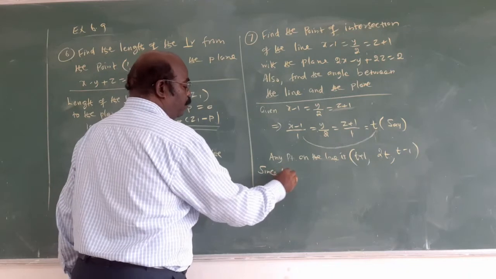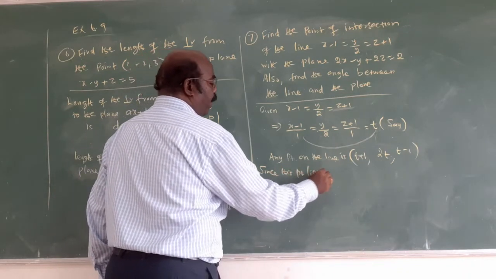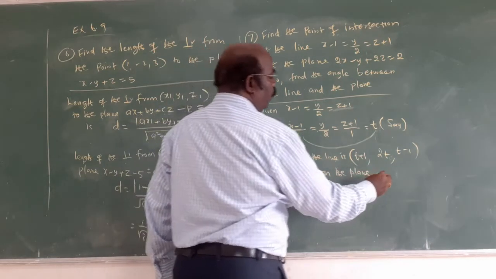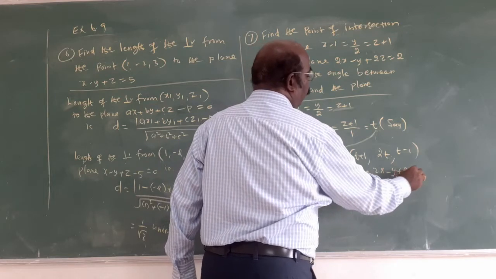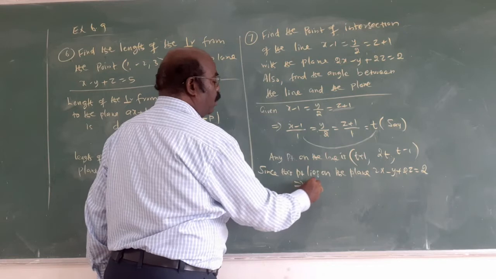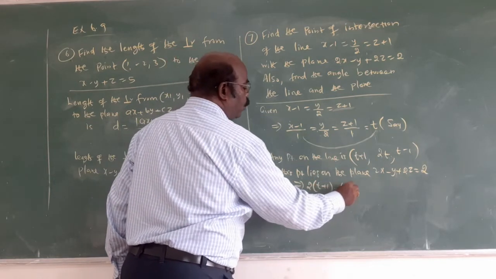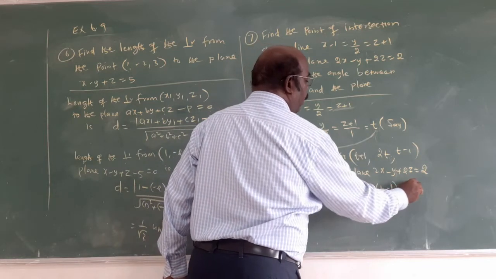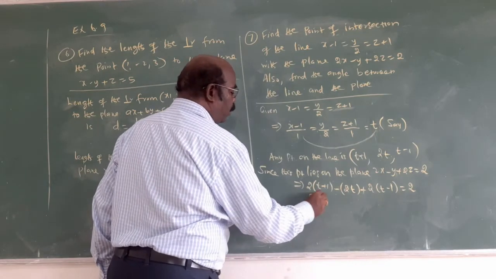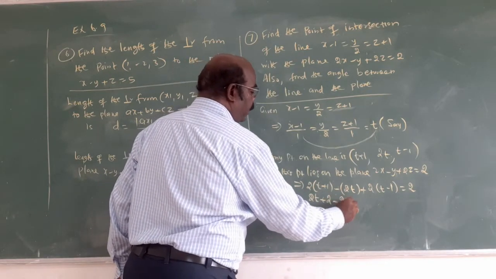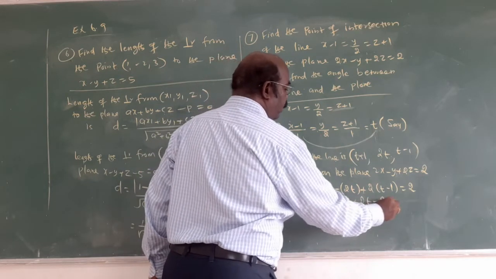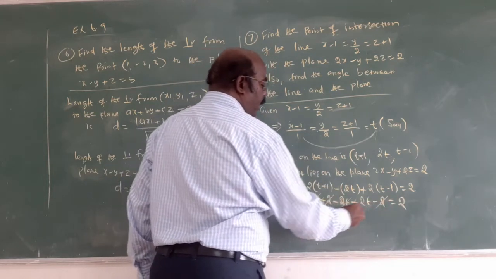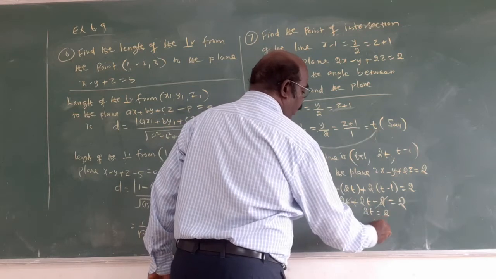Since this point lies on the plane 2x minus y plus 2z equal to 2, substitute: 2 into t plus 1 minus 2t plus 2 into t minus 1 equal to 2. Now simplify: 2t plus 2 minus 2t plus 2t minus 2. The 2 and minus 2 cancel, and we get 2t equal to 2, so t equal to 1.